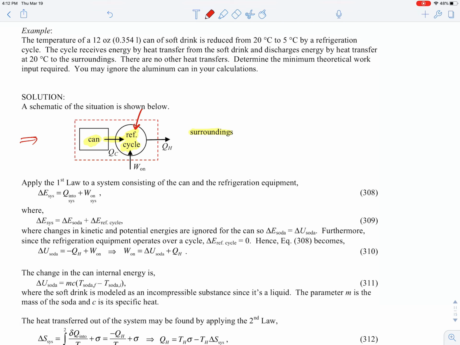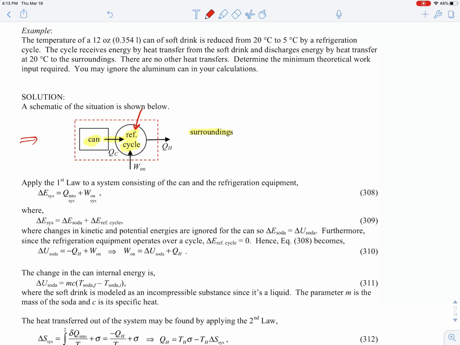So for example, it contains a compressor, it contains a pump, a throttling valve. All of those components are inside that circle there. We don't have to draw all the details to solve this problem, but all of those various components that we've been analyzing in previous lectures, they're all contained in that refrigeration cycle.